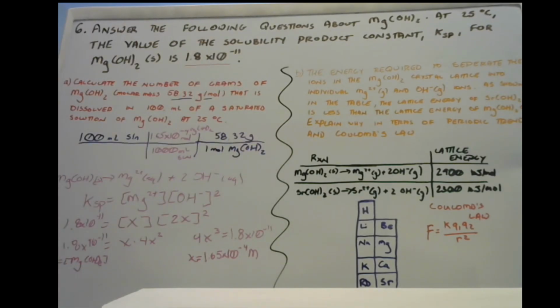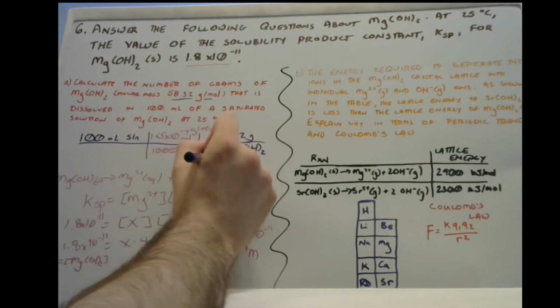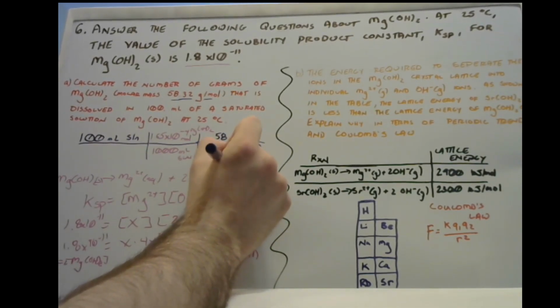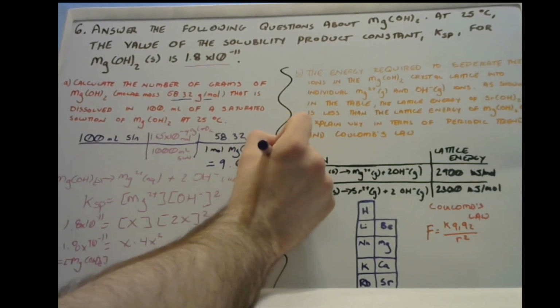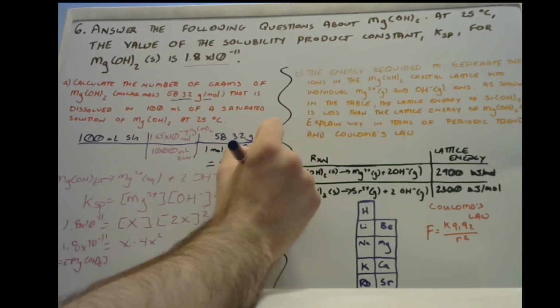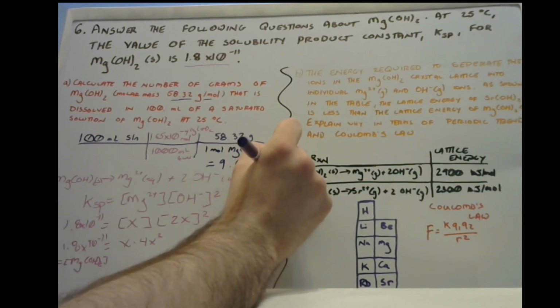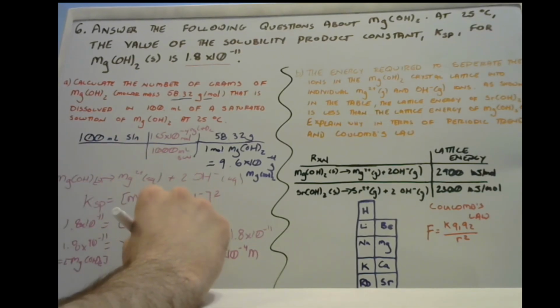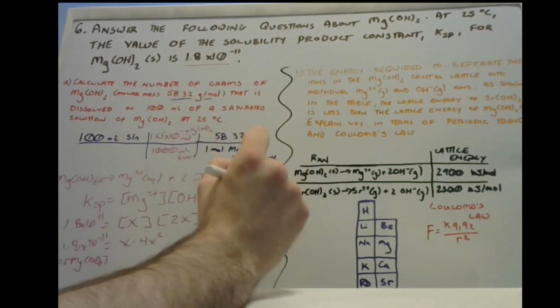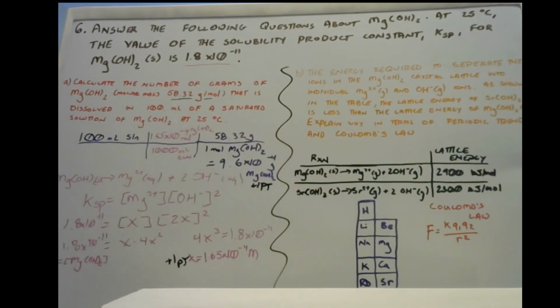Multiply that out, and you should get 9.6 times 10 to the negative 4th grams of magnesium hydroxide. This problem's worth 2 points. 1 for finding the correct solubility down here, and 1 for finding the number of grams. That's it.